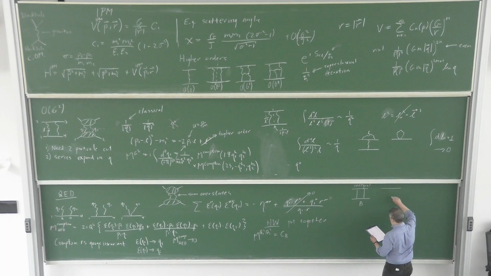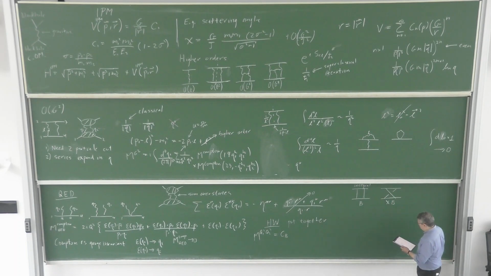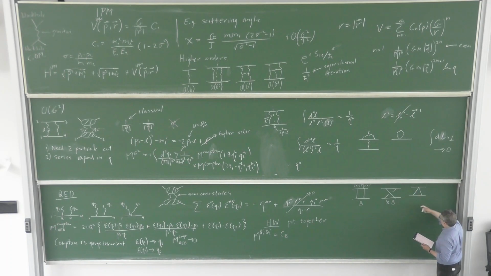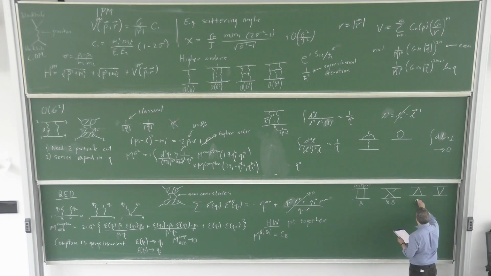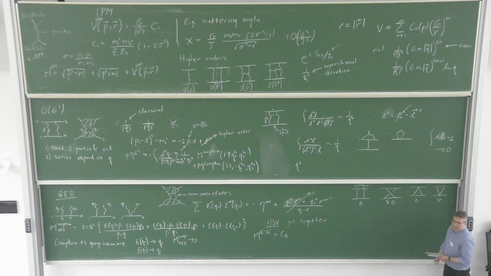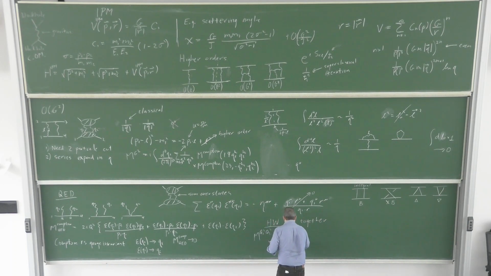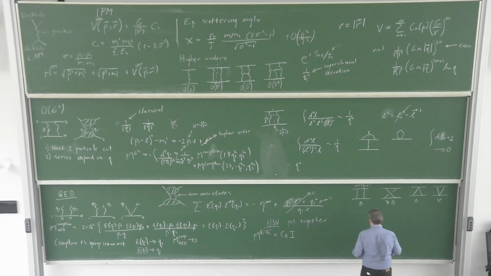Then I can have a cross box. So let's call this the XB cross box. I can have a triangle integral, an upward one, and a triangle integral, a downward one. So maybe we'll call this symbol, just a name for it. And what we find is that the answer is a linear combination of these integrals plus some other integrals we're not interested in.